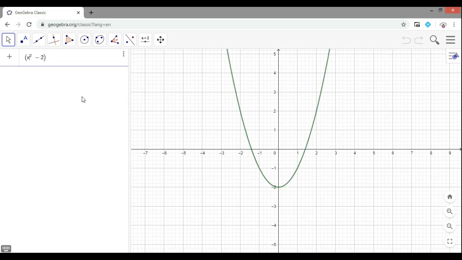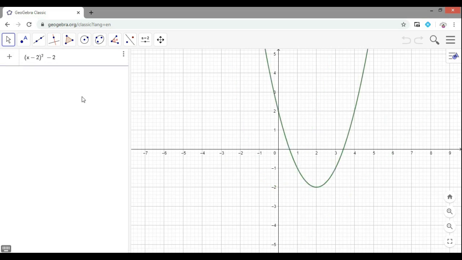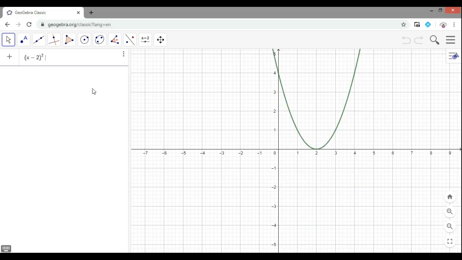Now if I write x minus 2 whole square, the graph shifts to the right side, to the point 2 comma 0, so the vertex goes to 2 comma 0, and x equal to 2 becomes the line of symmetry.